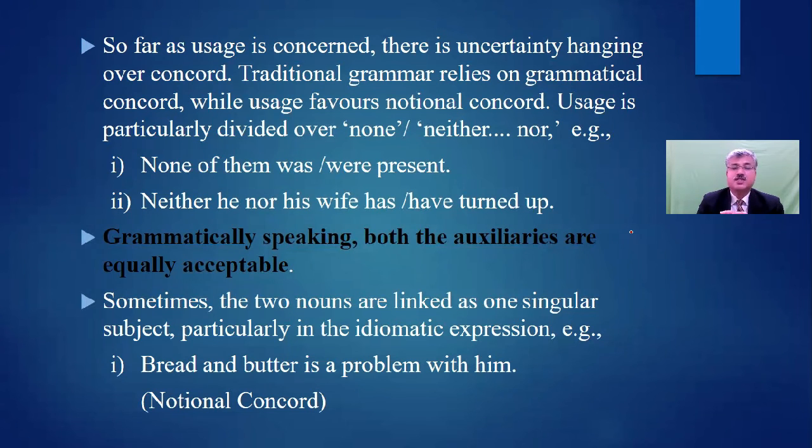So far as usage is concerned, there is uncertainty hanging over concord. Traditional grammar relies on grammatical concord, while usage favors notional concord. Usage is particularly divided over none or neither...nor.